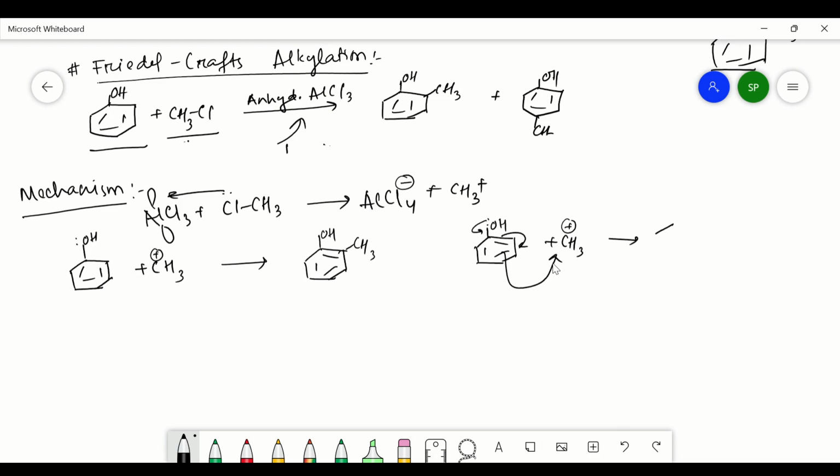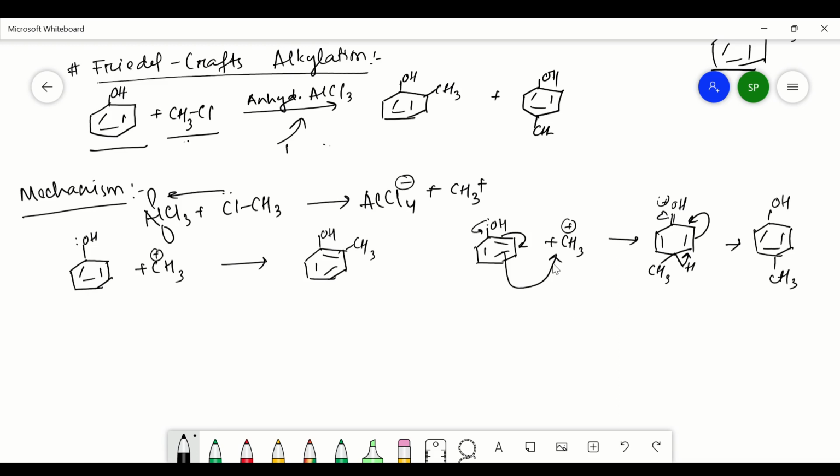There is formation of an intermediate like this, then the hydrogen is lost, there is aromatization and formation of para-methyl phenol. Okay, so this is Friedel-Crafts alkylation.